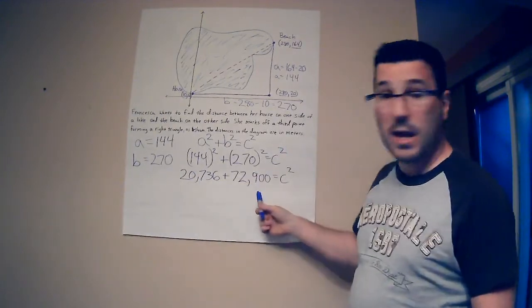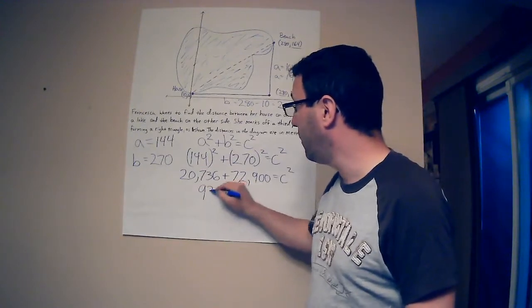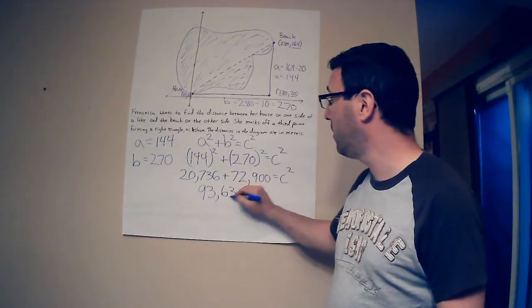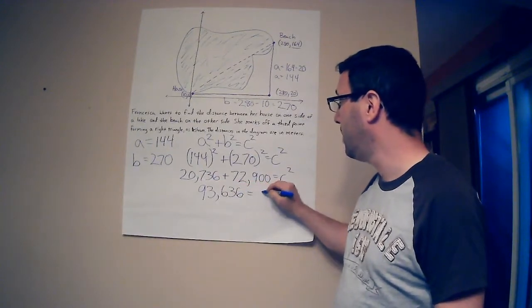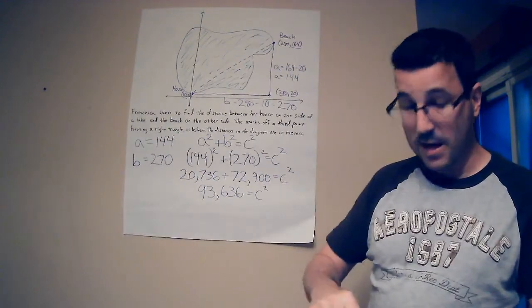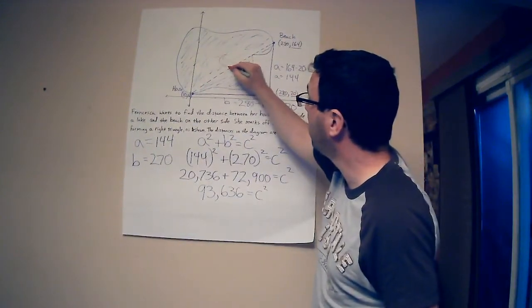So we take these two, we add them together, we get 93,636 equals c squared. So as I said, now that we've gotten to this point, I need to know what c is. And I never marked c.